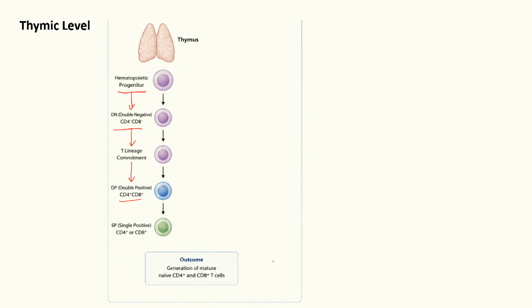After that there is a further round of selection where either CD4 plus or CD8 plus single positive cells are selected, and these selected cells are ultimately going to give the immune response in general.